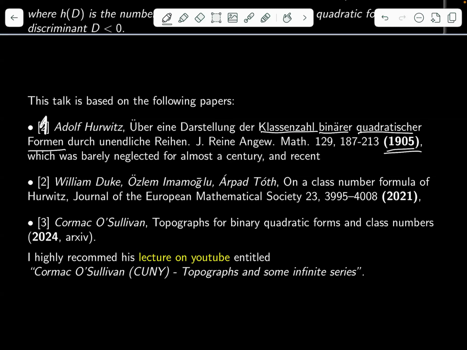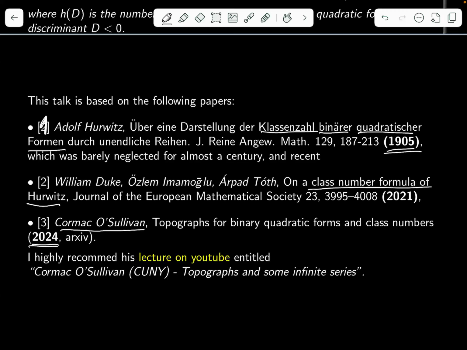The paper of Duke, Imamoglu, Toth on the class number formula of Hurwitz. Basically, maybe they just found that article, maybe they rediscovered it, I don't know. But anyway, they put it in a new modern language. It's a very short and very nice paper, so I recommend reading it. And even better, there is an even more recent paper of Kormak and Sullivan about the connection to topographs.